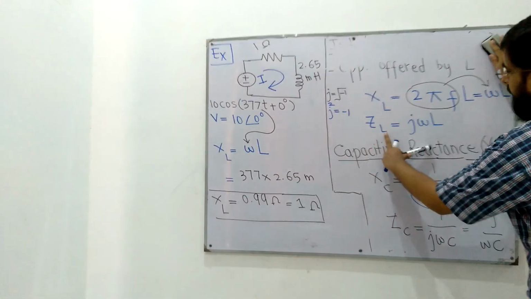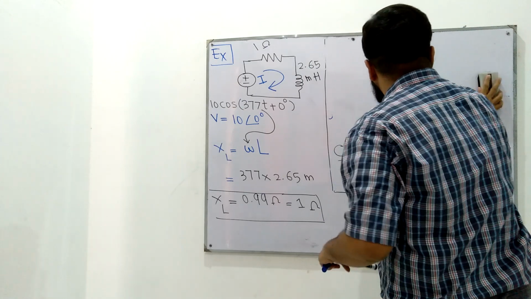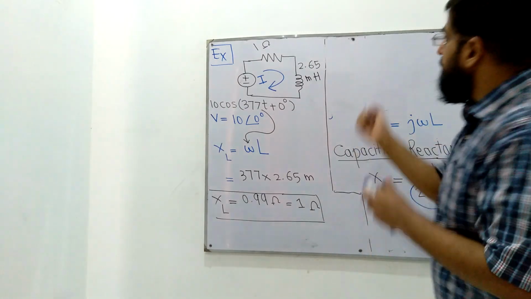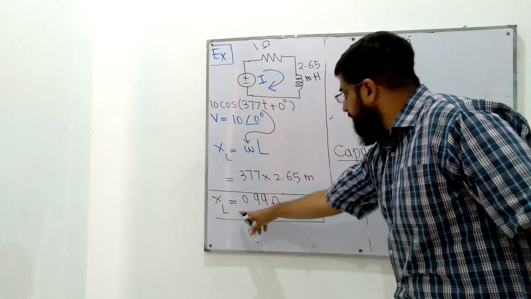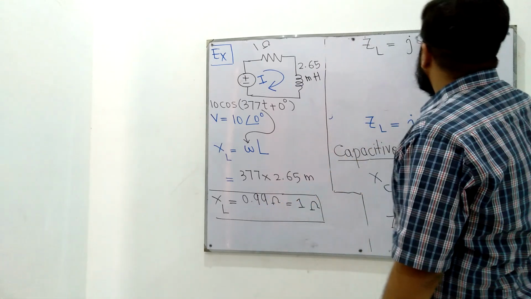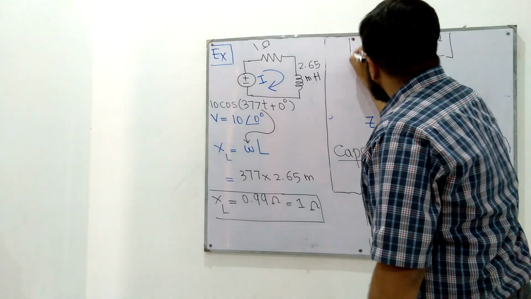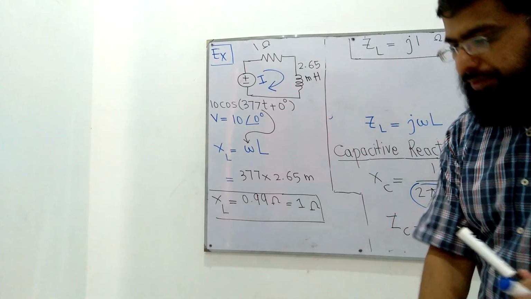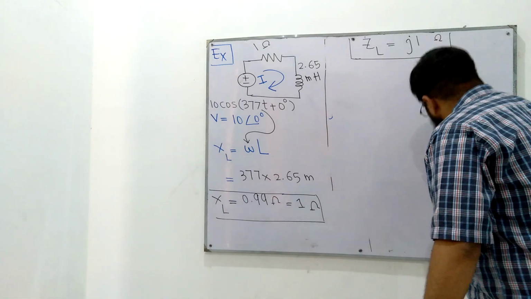The next step is to find ZL. Finding ZL is straightforward: j omega L, which is j1 ohm. So now we have computed ZL and V.